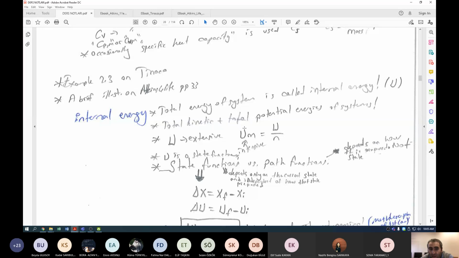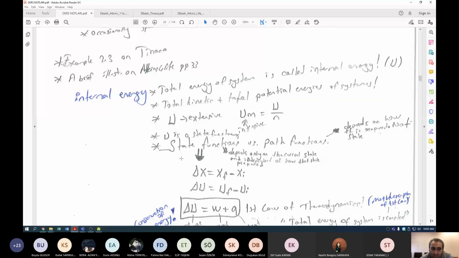Sometimes people put a bar on top of it, especially in the MIT course, where when you watch the YouTube videos or the MIT course videos, they put a bar over here to show it's 1 molar or molar units, which is the intensive property.